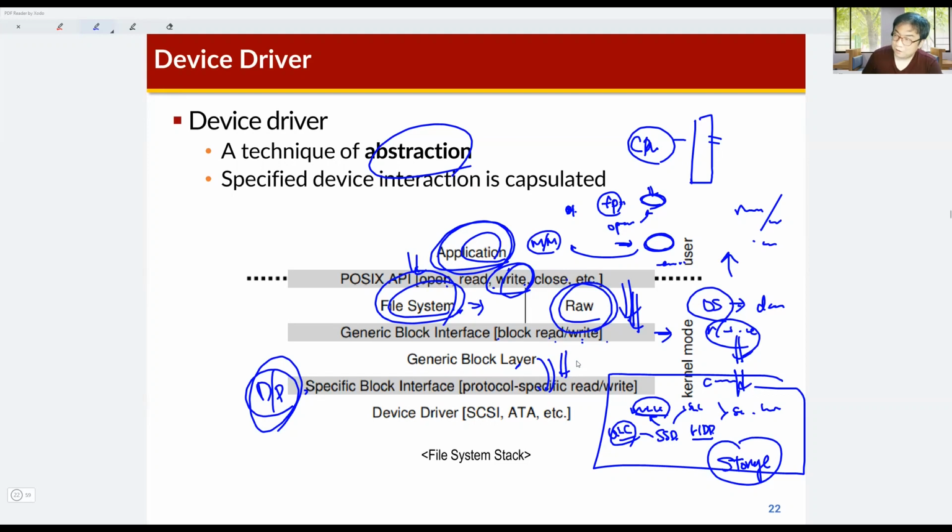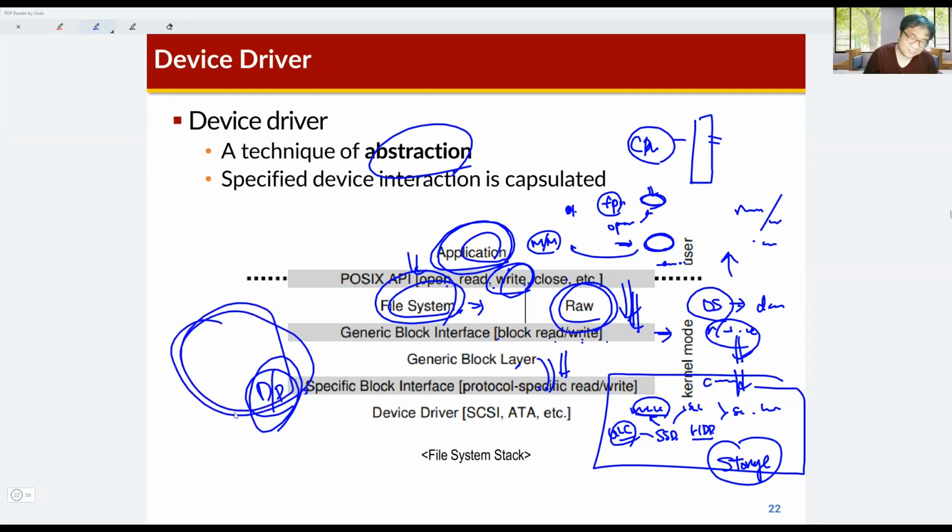Okay, but this block-based command is translated into a specific interface command based on the different storage interfaces. And then when the storage device receives this storage interface command, the storage device also translates this command to its own storage media access command.